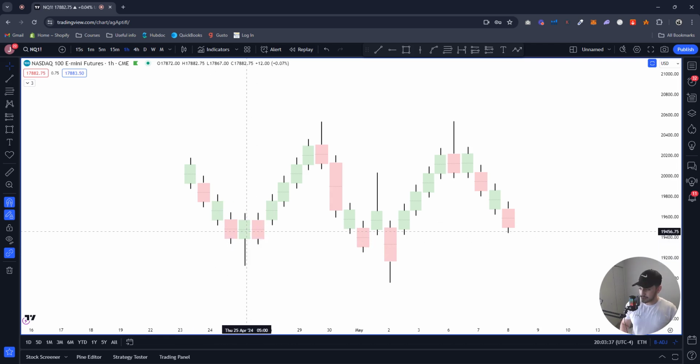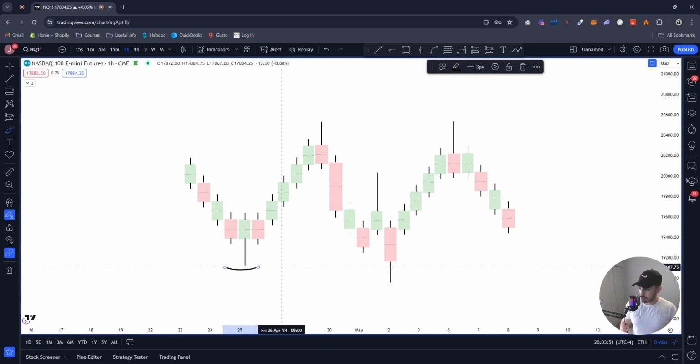You're going to have 3 candles at every single swing point, whether it be a high or low: 1, 2, 3. The lowest low between these 3 candles is going to be your swing low. The way you can tell it's a swing low is the 3 candle formation, the lowest point in these 3 candles, and then price starts moving up. You can consider this your swing low.